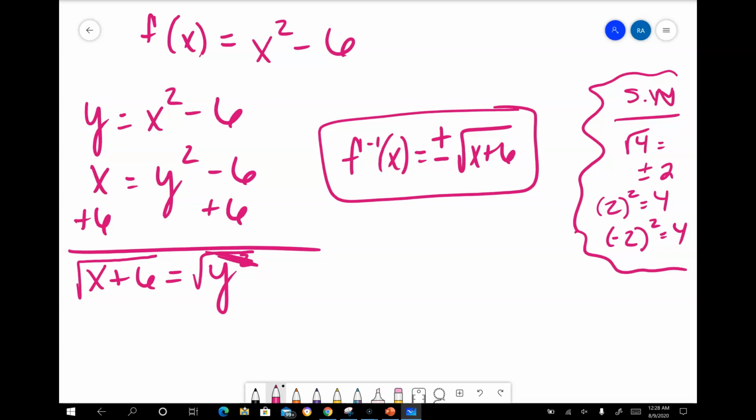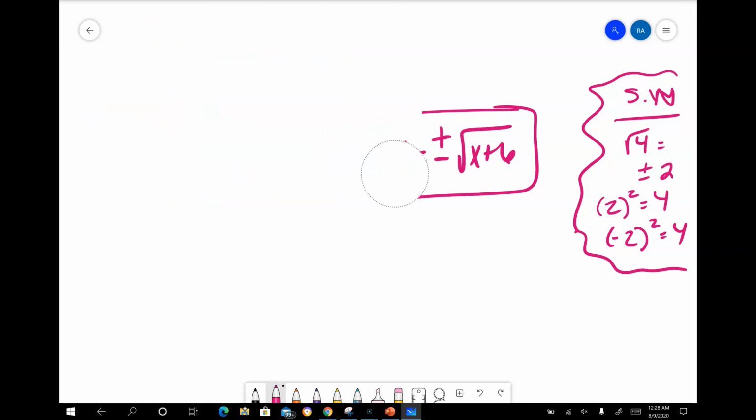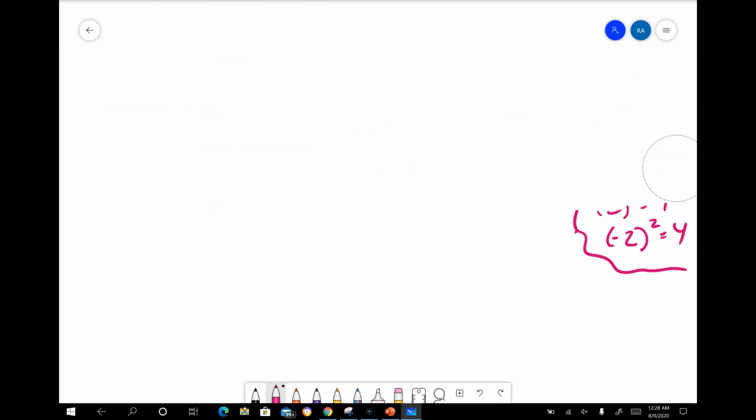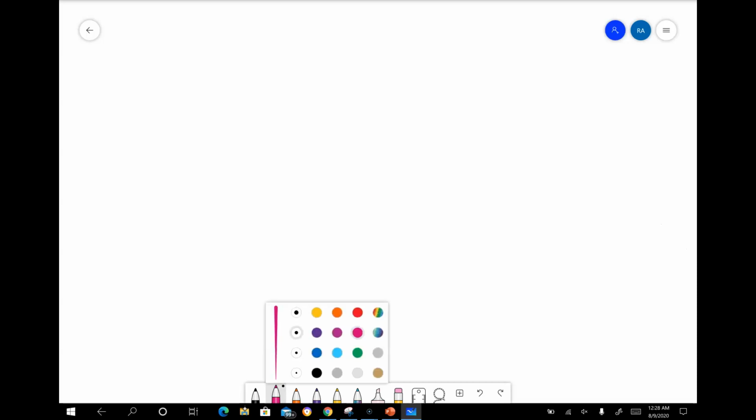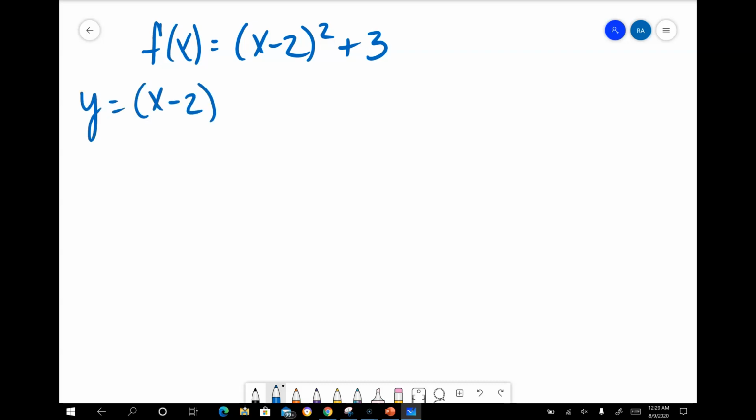Alright, let's do another one. Okay, so this is going to be another quadratic. Okay, so f of x equals (x minus 2) squared plus 3. Change f of x to y equals. Switch your x and y's.